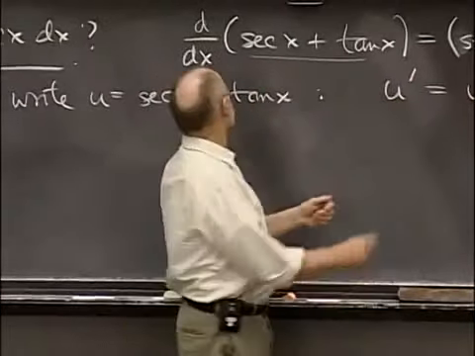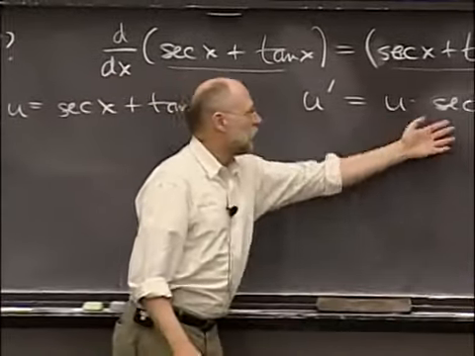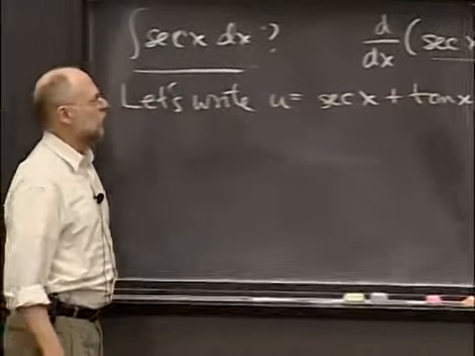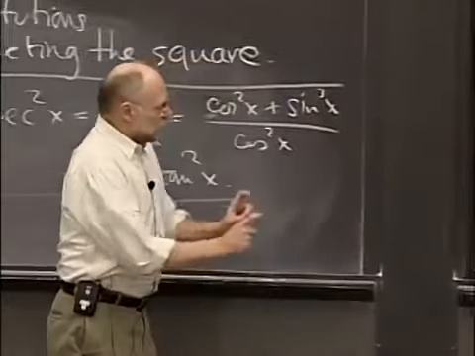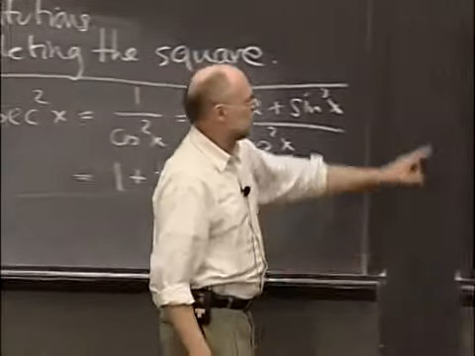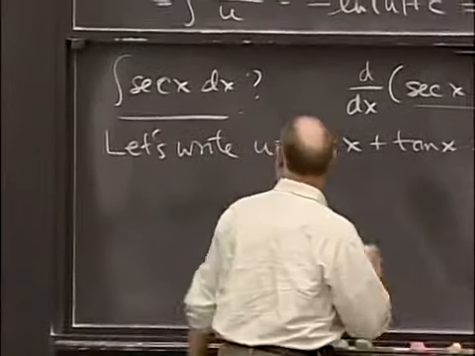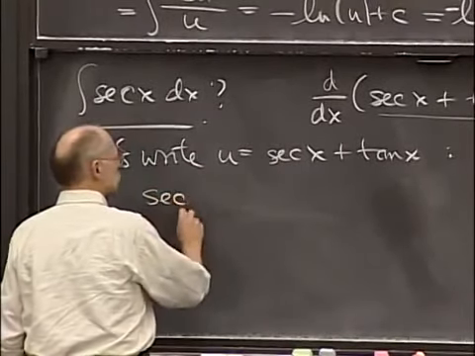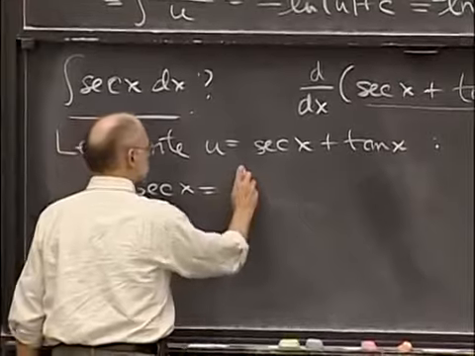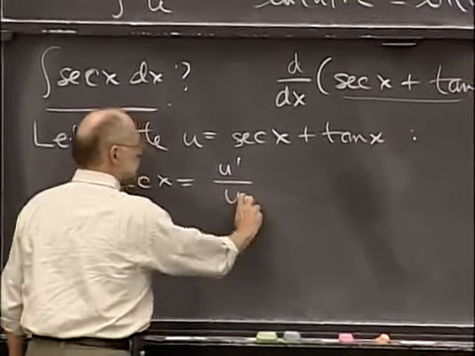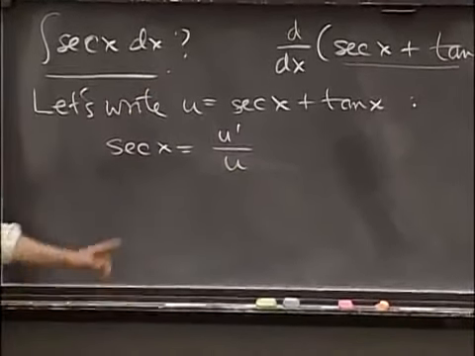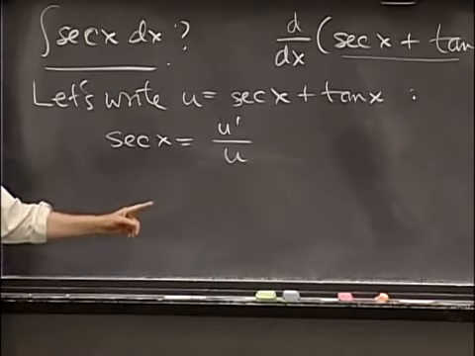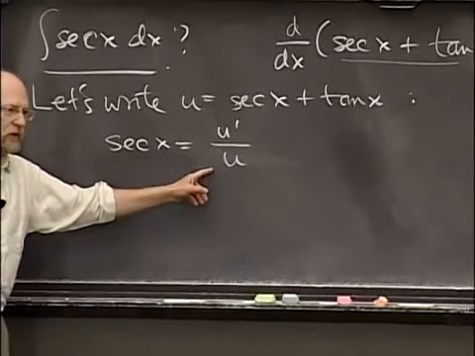So u prime is on the left, and u times secant of x is on the right. Well, there's my secant that I was trying to integrate, and what it tells you is that the secant of x is u prime divided by u. Just divide both sides by u, and I get this equation.